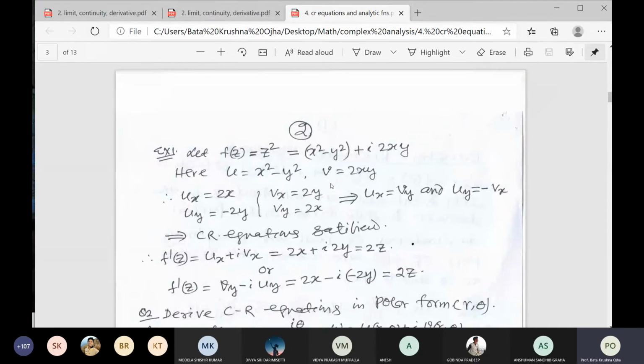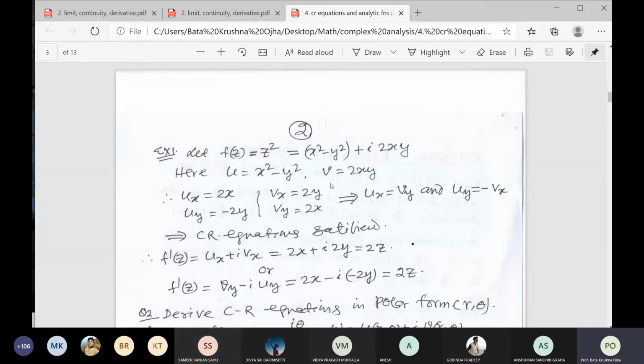Electrical 266 Samir Ranjan Sahu. Yes, sir. You have checked it? Which question, sir? Already I have told you. At least you tell me which question. So the x square minus y square plus i xy. You write first u, then v.